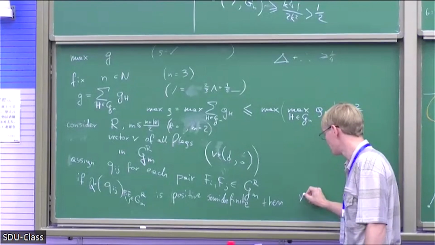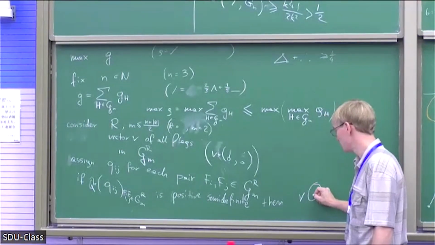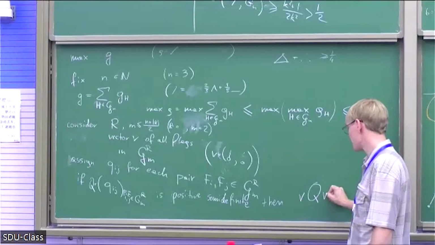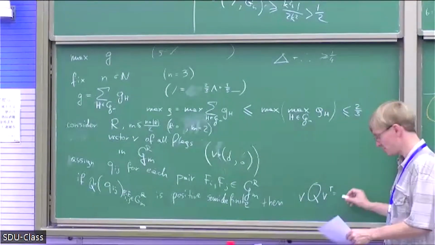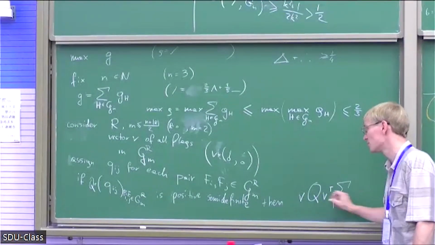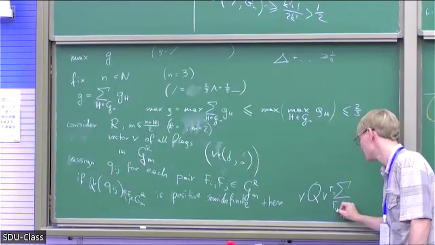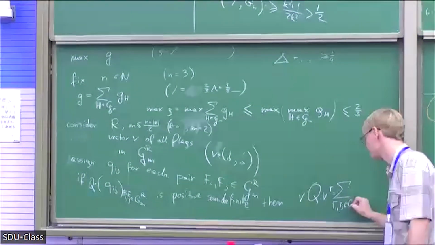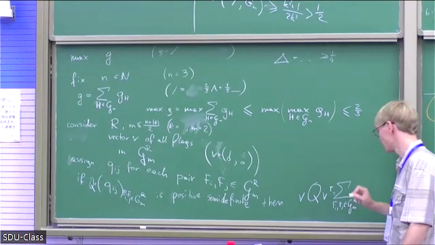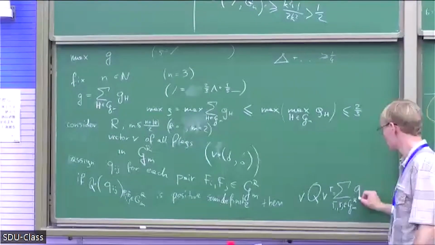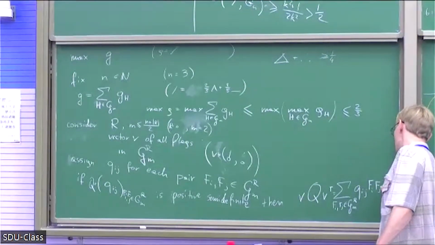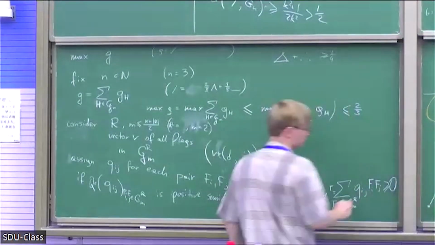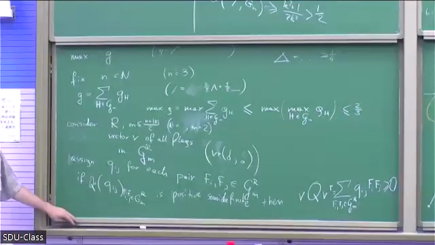If I multiply the vector v times my matrix times the vector transpose, which is just the sum over all those flags of the coefficient times the multiplication of those two, I have that this is non-negative.